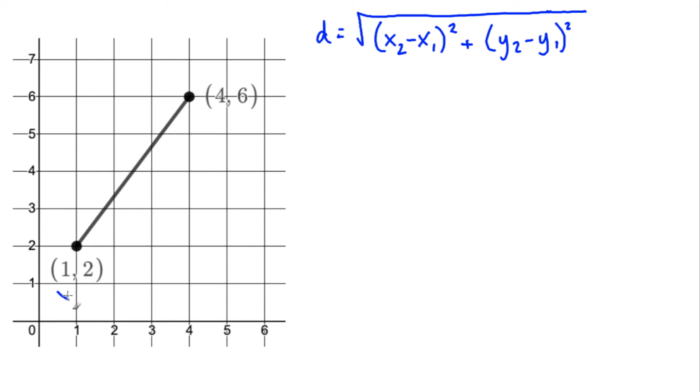So let's label this. This can be x1, this can be y1, this can be x2, y2. Remember that in the previous lesson, essentially all we did was construct, a fancy geometry word, a right triangle.